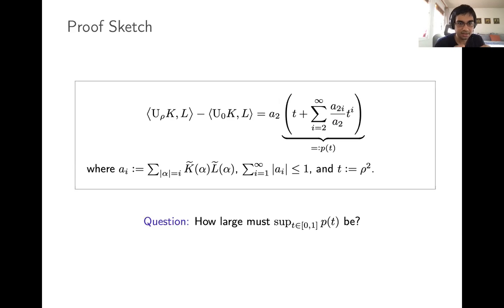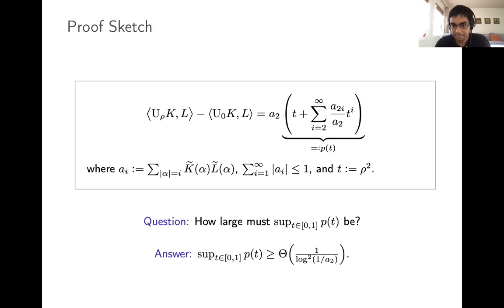So returning to the proof of the Talagrand analog for symmetric convex sets, we had this expression for the difference in the inner product at two different noise rates in terms of A2 times P of t, where P of t was this power series. And we wanted to lower bound the supremum of this power series over the unit interval.